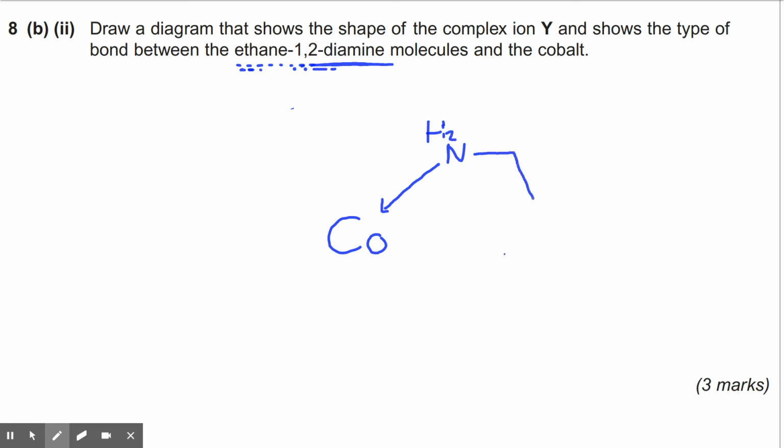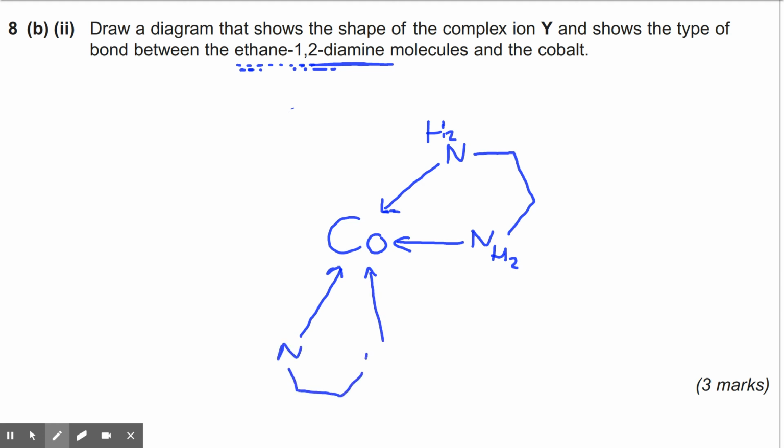We'll draw the carbon chain in a skeletal diagram to, again, try to make the diagram a little bit neater to understand. But we've got to have the arrows coming from the nitrogen, and that will be forming essentially a dative covalent bond from the NH2s twice on each of the ligands to the central cobalt, and we'll have this replicated twice more around the outside.